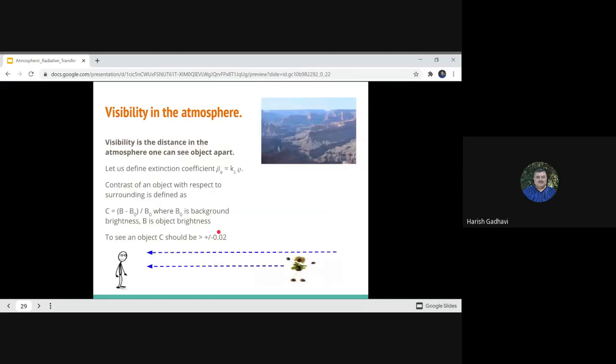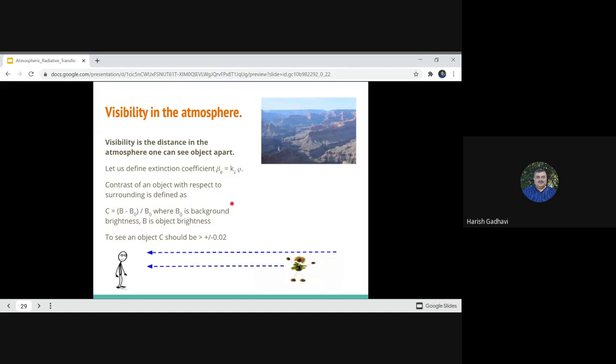Then we also looked at a practical application. One practical application of the extinction coefficient is finding the visibility in the atmosphere. There is an instrument called a nephelometer that provides the scattering coefficient. If you assume there is no absorption, only scattering, then your extinction coefficient is the same as the scattering coefficient, and from that you can find out how far you can see into the atmosphere.